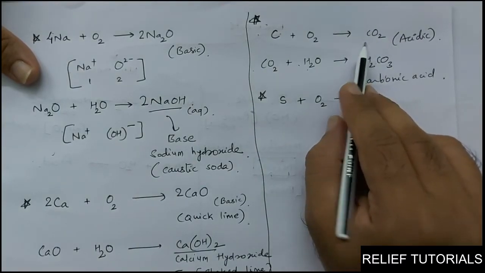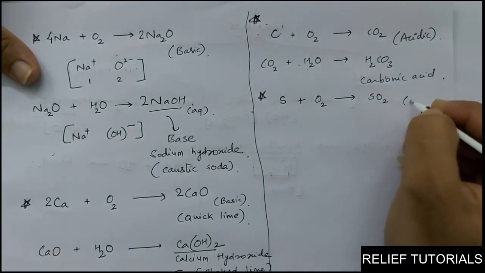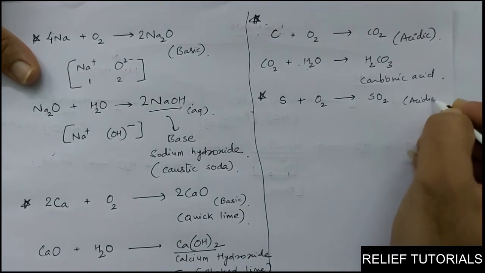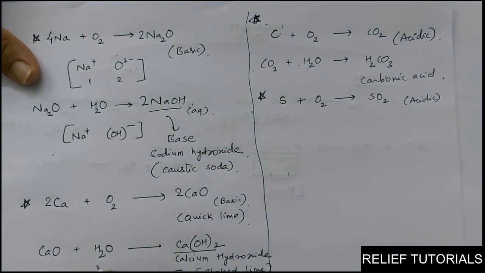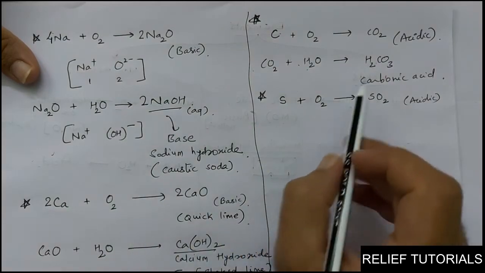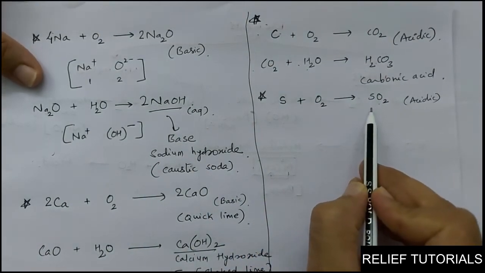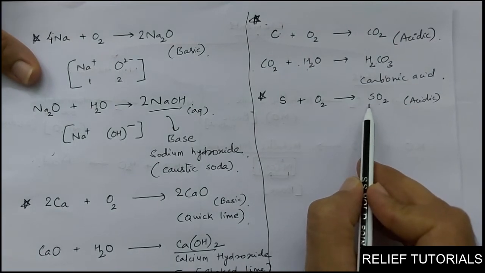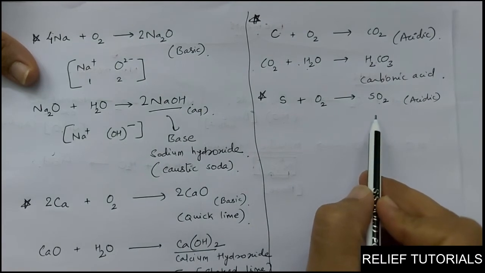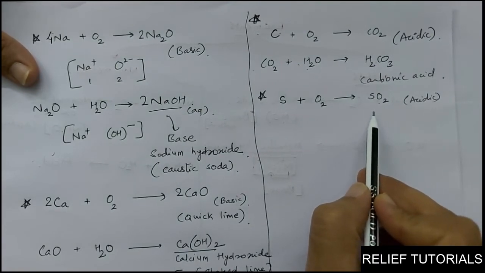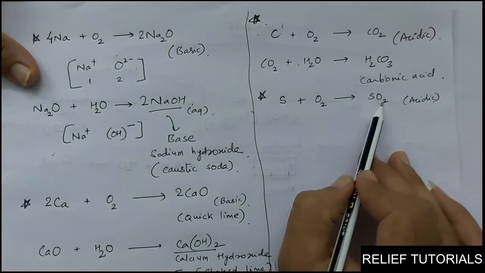This was carbon dioxide; this is sulfur dioxide. This is also acidic in nature. So non-metallic oxides are normally acidic. But remember again, not all non-metallic oxides are acidic. We will take some examples of such non-metallic oxides which are not acidic. But right now, these two are acidic.